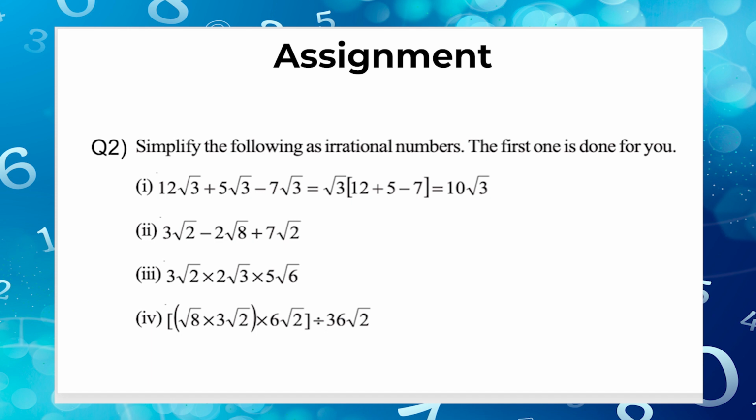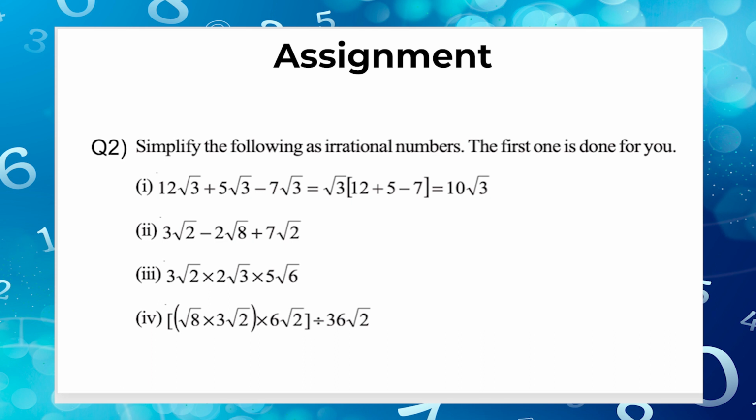Now, the next question is, simplify the following as irrational numbers. The first one is done for you. 12 root 3 plus 5 root 3 minus 7 root 3. If we take root 3 common, we get 12 plus 5 minus 7, that is equals to 10 root 3.